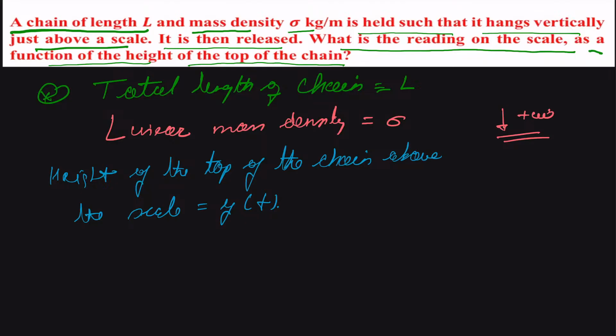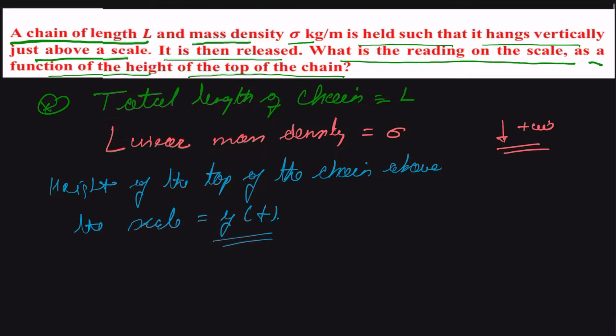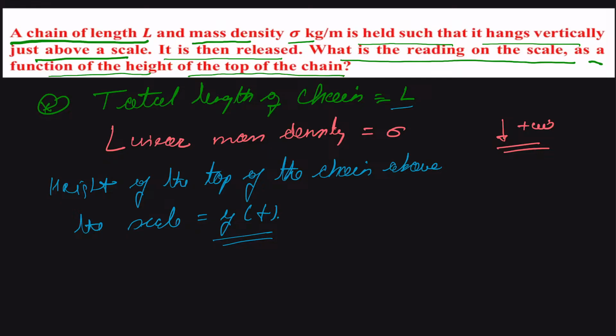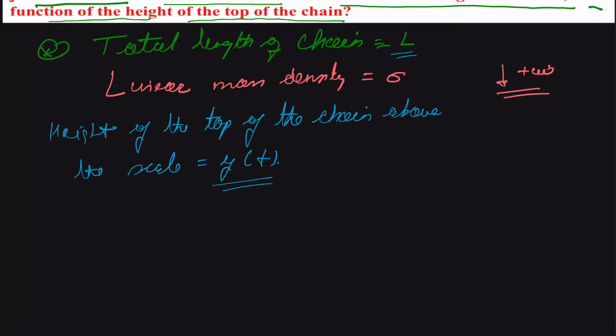So like we said, the height of the top of the chain above the scale is y of t, and the total length of the chain is L. It means the length of the chain already on the scale will be L minus y of t.